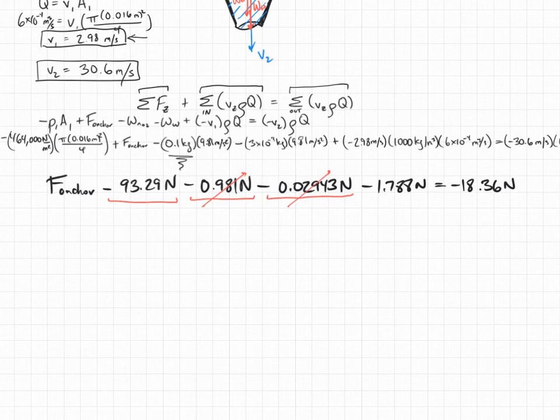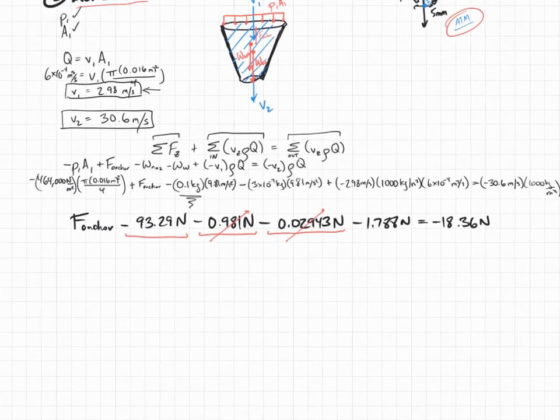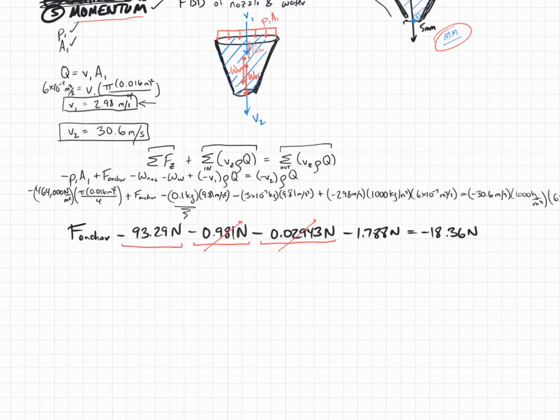And then you can also see that really the water entering, so this is the momentum flux going in, this is very small compared to it leaving the system. And that should be expected.